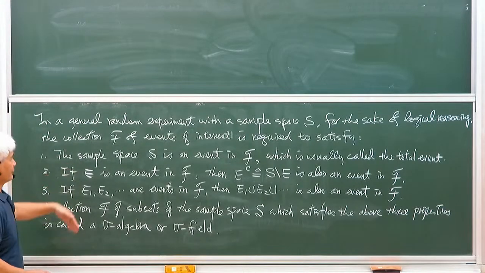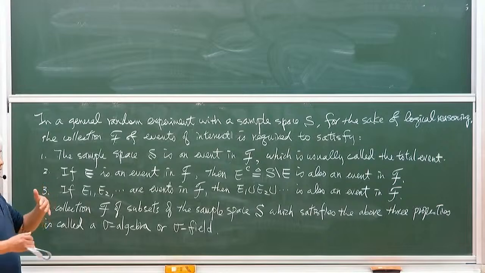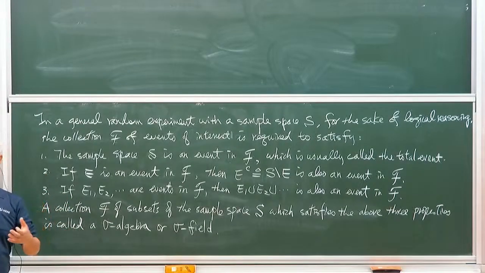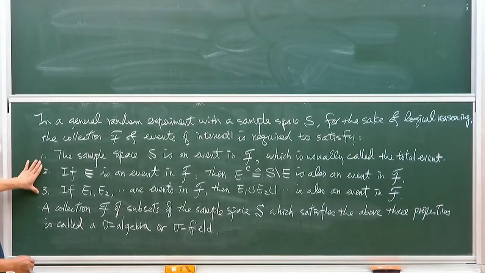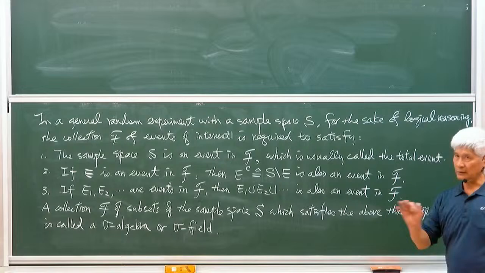For example, maybe in a quiz problem or the midterm examination, I will ask you to prove or disprove whether a collection of events is a sigma algebra or not. Okay, and with these three properties, we can do logical reasoning without any difficulty.